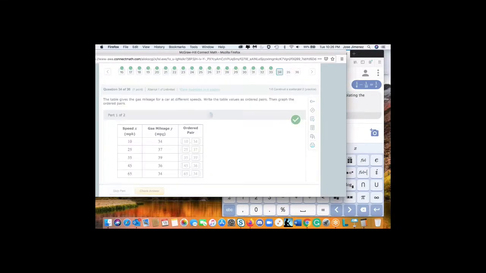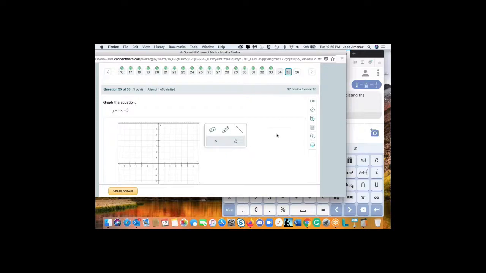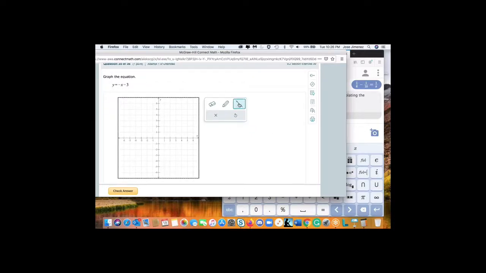Let's go to 35. We're about to finish this assignment. Here we take the line, and then we start from -3. You know, like going backward. We start from -3 and we click on -3, and then we have a negative.